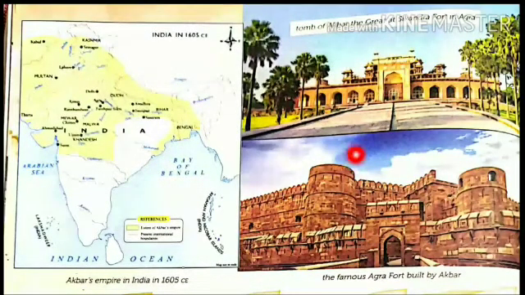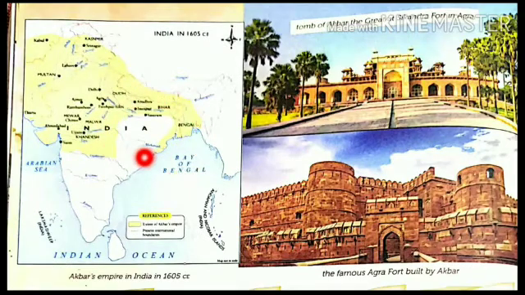Now here you can see some pictures. First picture, it is a map of India. Akbar's empire in India in 1605. Next picture, tomb of Akbar the Great at Sikandra Fort in Agra.